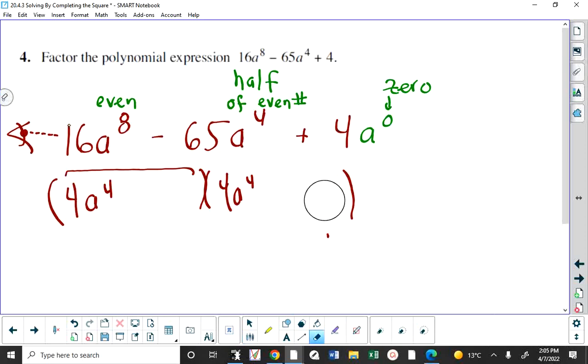Well, maybe it's 4 and 1, but you see the problem still exists. Because if I break 16a to the 8 into 4a to the 4 and 4a to the 4, I'm going to have an even already in both of those factors. And there's no way I can avoid, that should, I guess, be a 1. There's no way I could avoid getting an even with the 4 at the end.